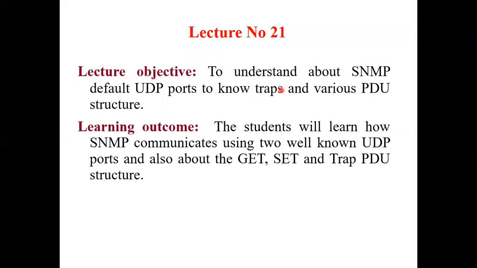We will study a little more detail about the type of trap message, and then we will study the various PDU structures. PDU structure means, if I'm sending a get message, a set message, or a trap message, what will be the structure of the data unit? What are the various fields?